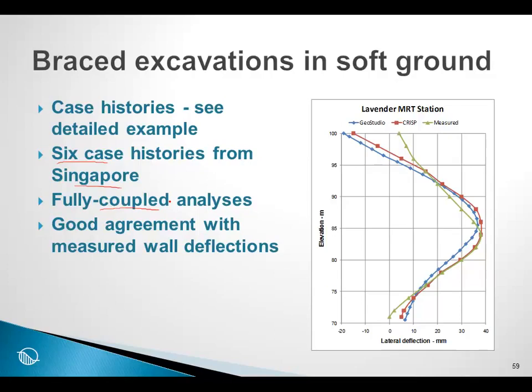Here we see one illustration where the green is the measured values of the wall deflection, the blue is the GeoStudio, and the red is the CRISP solution. And very encouraging, the close agreement that existed between the two software products, and also the close agreement with the actual measurements, except perhaps near the ground surface.